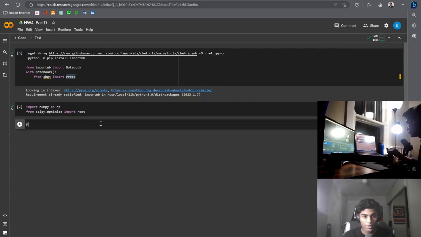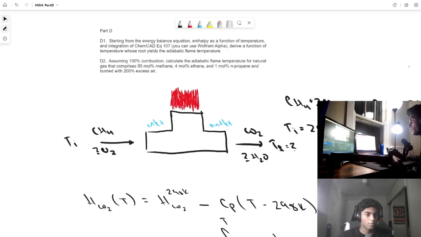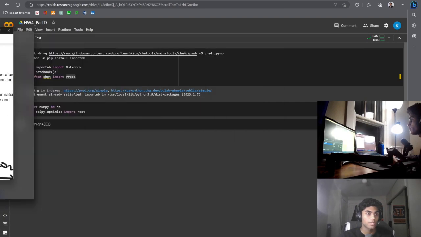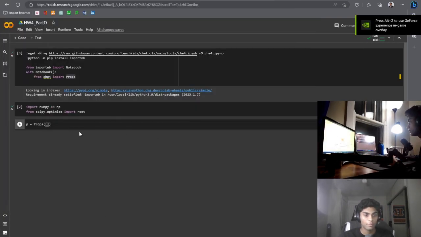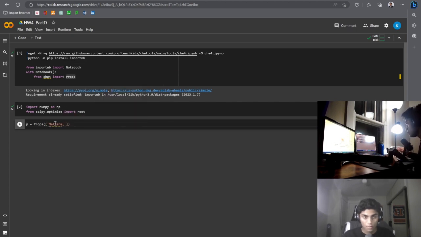So what we can do is p is going to be equal to props, and we can import an array of things that we want. So let me pull up the whiteboard on my second monitor here and just see what we need. It seems that we need methane, so we're going to go methane. Import methane. We're going to import ethane.